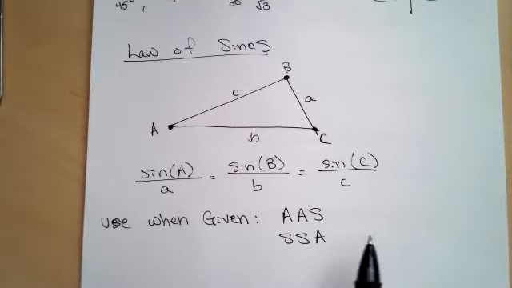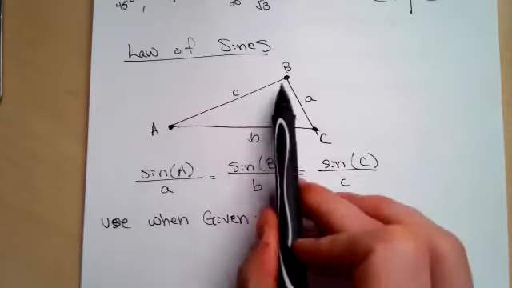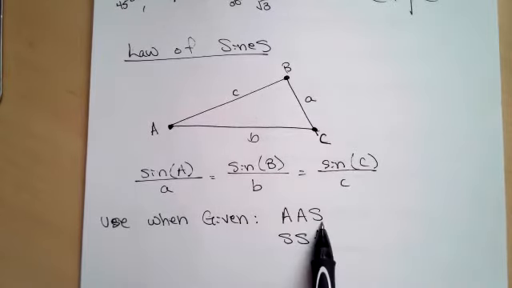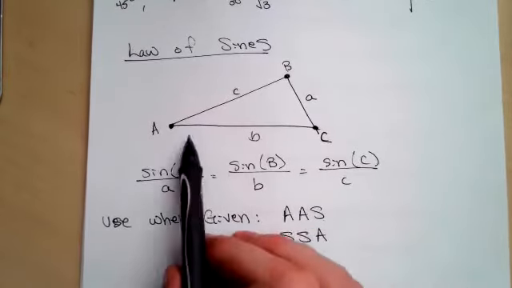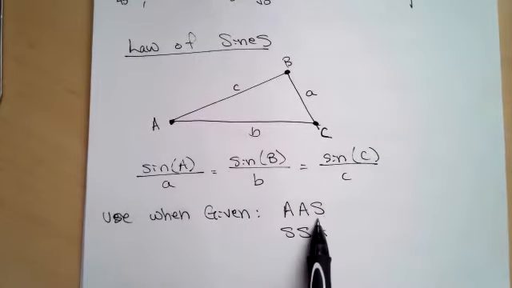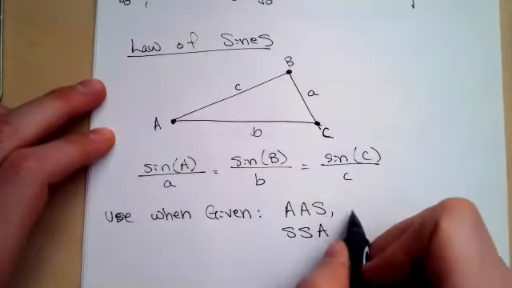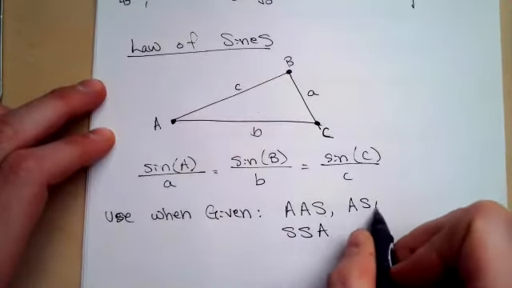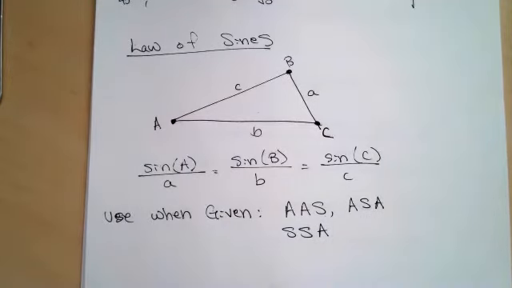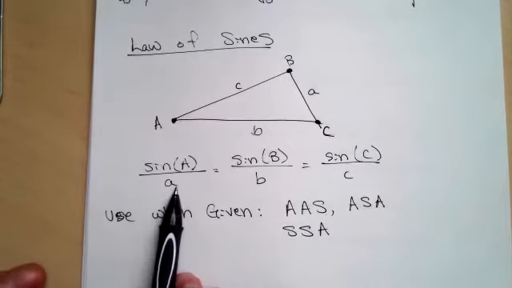This means angle, angle, side. If I'm given two angles and a side where the side is not in between the two angles, it's going to work well. And actually, we could include angle, side, angle in that situation as well. Anytime you're given two angles, law of sines is going to work well.